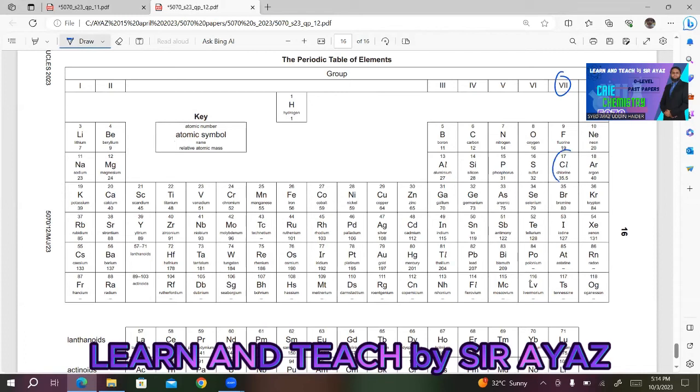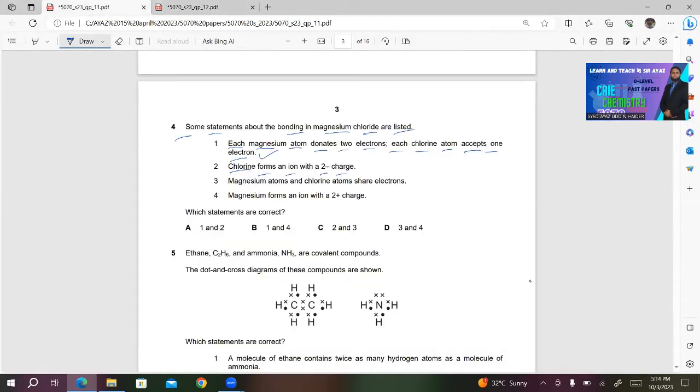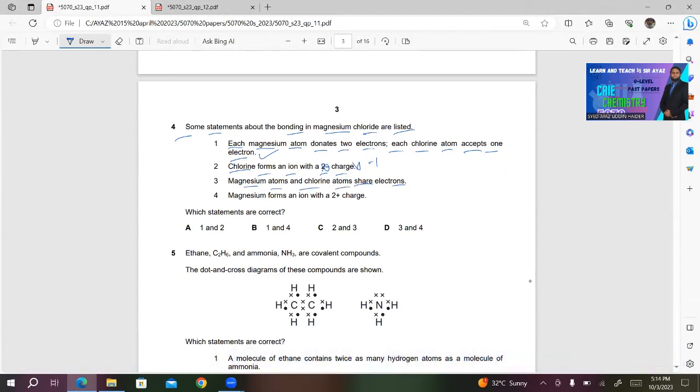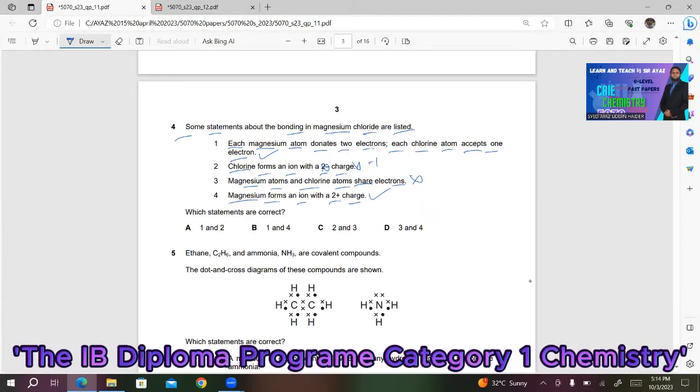Here it is, chlorine. And it needs 1 electron to form a negative ion. So the charge must be -1, not -2. So this is wrong. Number 3. Magnesium atoms and chlorine atoms share electrons. This statement is wrong. Number 4. Magnesium forms an ion with a 2+ charge. This statement is also correct. So 1 and 4 are correct. The answer should be B.